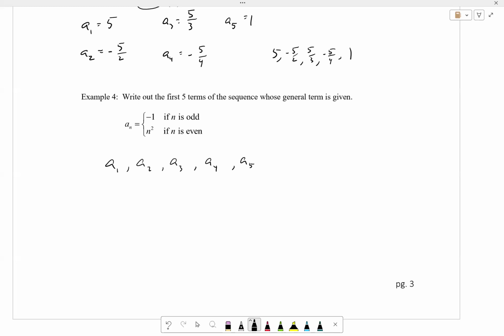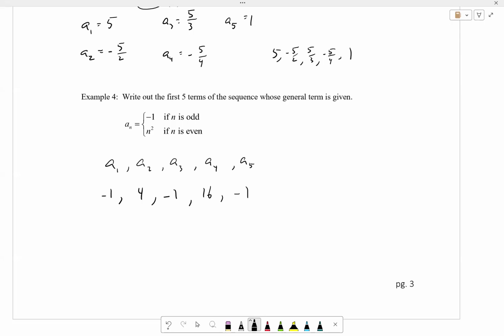Okay, the first term, what is it? It is -1. The second term, it is 4. How about the third term? Back to -1. Fourth term, 16 and -1. Is that really a sequence though? No? Remember what a sequence is?